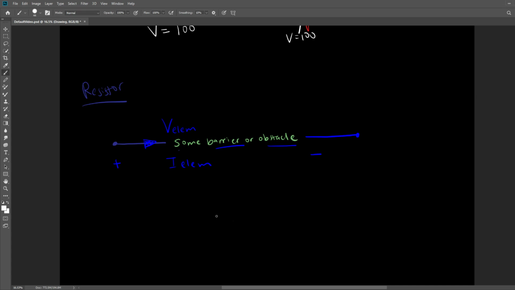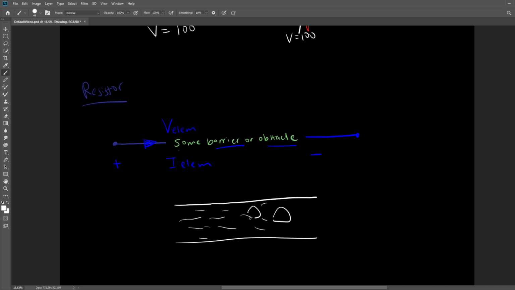If we thought about a river, and we just throw some rocks in here.